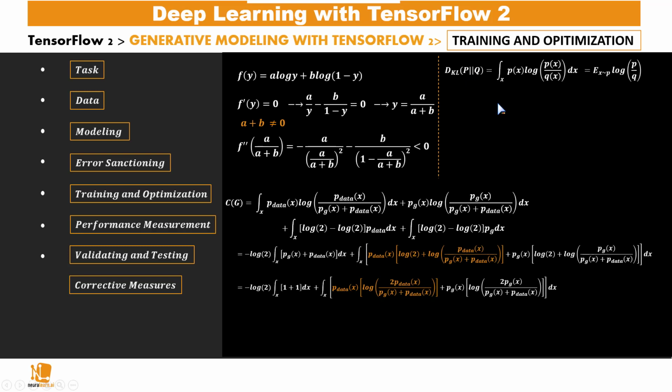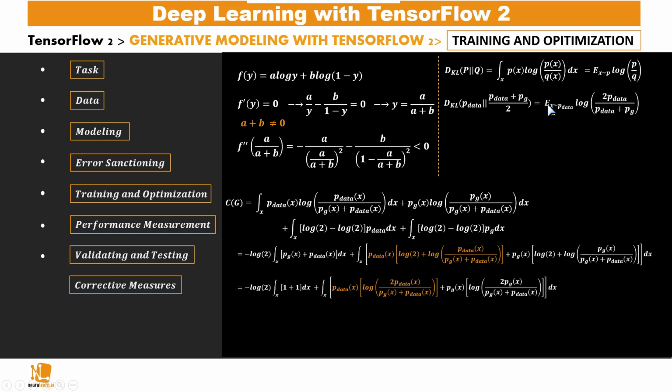Now we have the KL divergence. We could also rewrite it as the expectation of log of p divided by q, where x is taken from the distribution p. Now we have the D_KL, that's the KL divergence of p data with (p data plus pg) divided by 2.